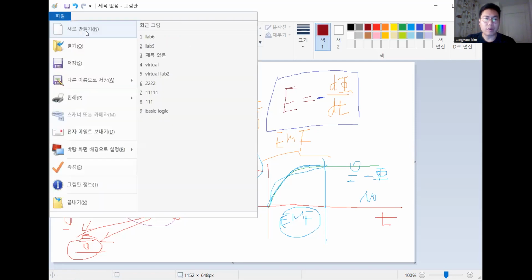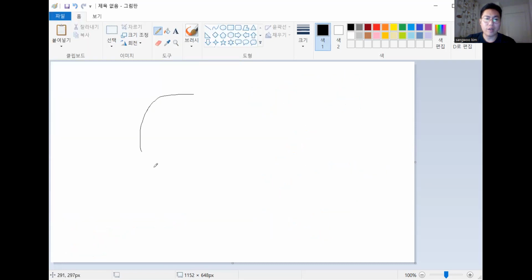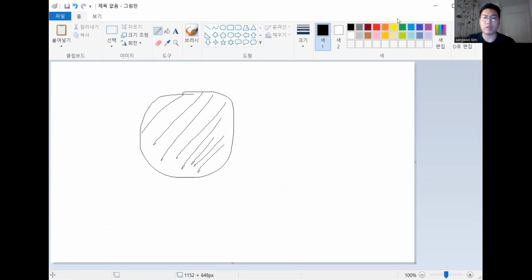Okay, let's see. Here's a coil, right? As I said, the space inside, the area, is important, right? Here, magnetic field is coming in, right? So Lenz's law, because of inertia, deletes this.